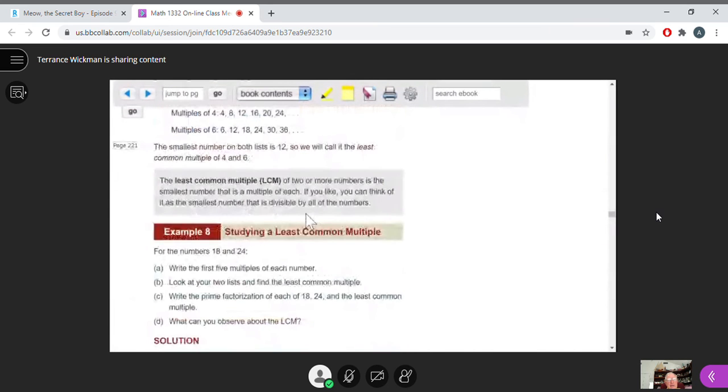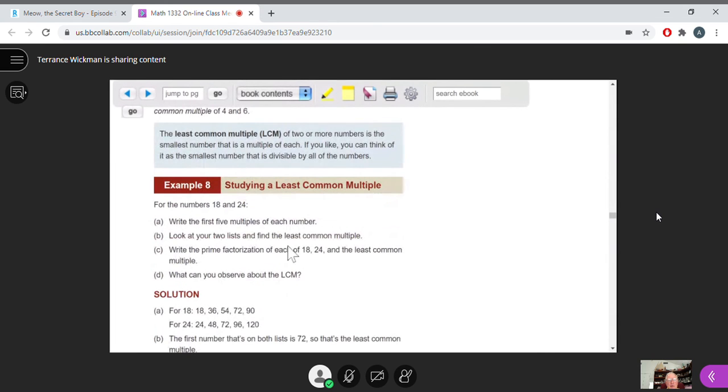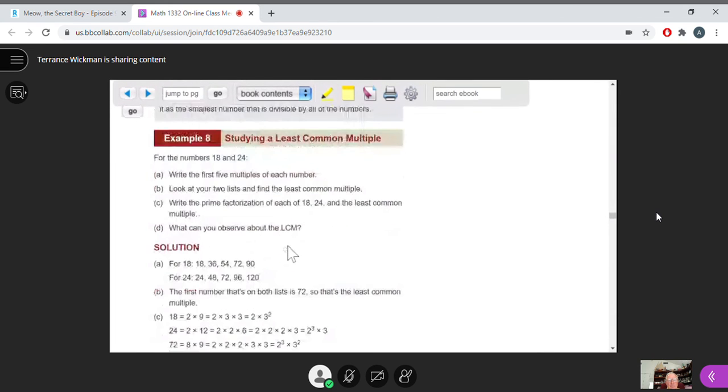Now, the least common multiple, whole different thing. It says for 18 and 24, the least common multiple. That's the number that both of them can go into evenly.